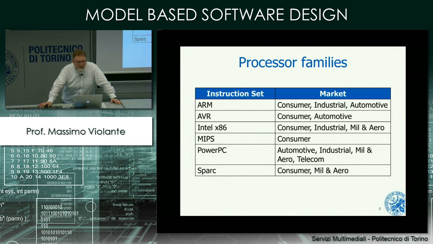Then Intel x86 is in commercial, industrial, military, and aerospace. Besides whichever laptop or computer you could have that is based on Intel x86, you can find the same components also in a number of other applications. If you have to control an industrial robot or an industrial production line, it's very likely that you need a lot of computing power.